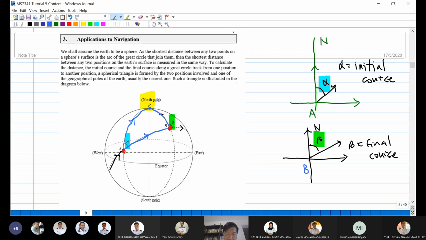Depending on how you draw it, this alpha is going toward the northeast direction, going to the north side and going to the east side.